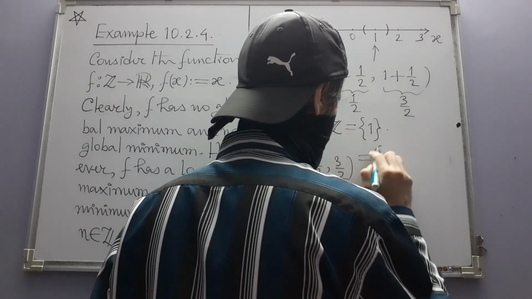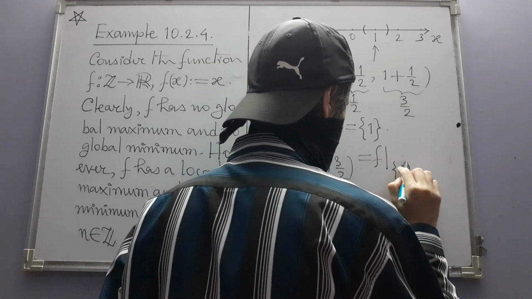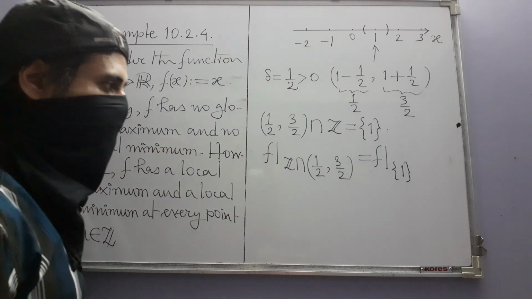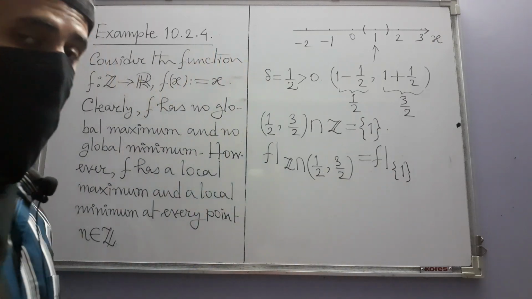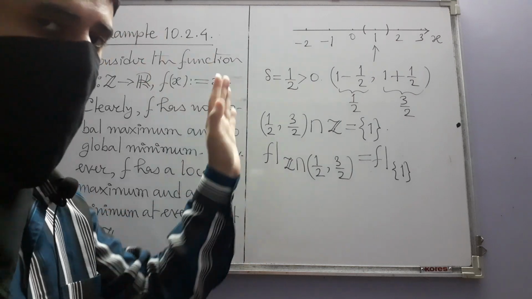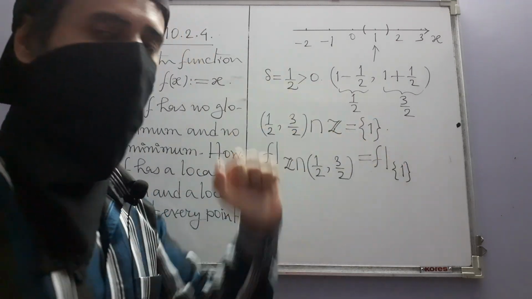Note, however, that this restriction in fact has just one value, which is f of 1, and that in fact is equal to 1. So obviously that value itself is maximum. Maximum of what? Maximum of this restriction, not the entire f. And that value is also the minimum of this restriction.